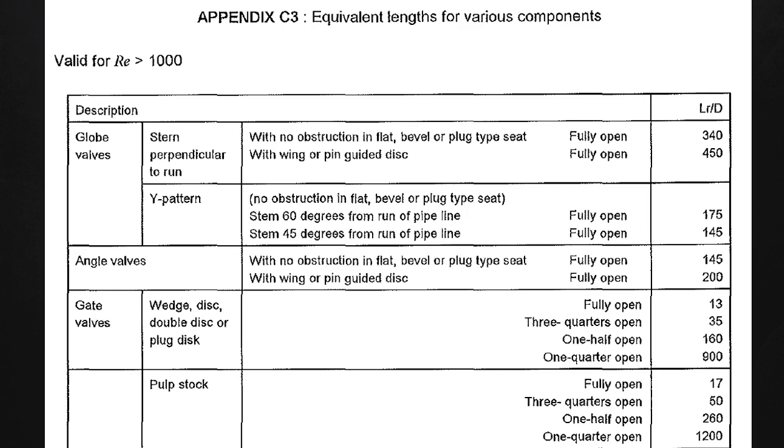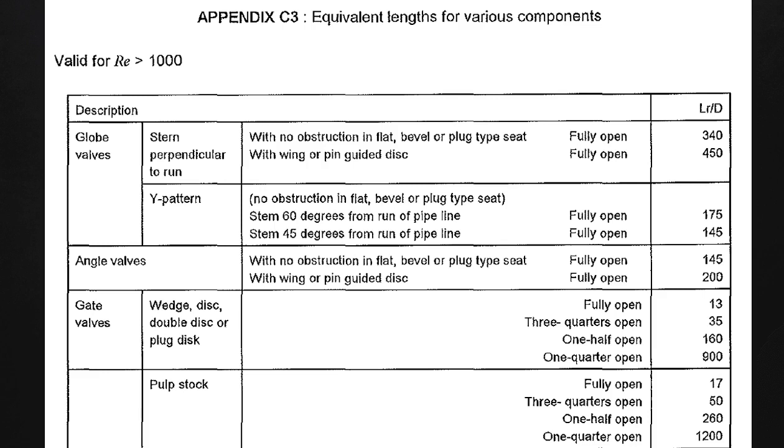So consider a fully open globe valve with the stem running perpendicular to the run and with no obstruction. It has an LR/D of 340. Next, compare this to a wedge-type gate valve that is 3/4 of the way open to flow with its corresponding LR/D value of 35.